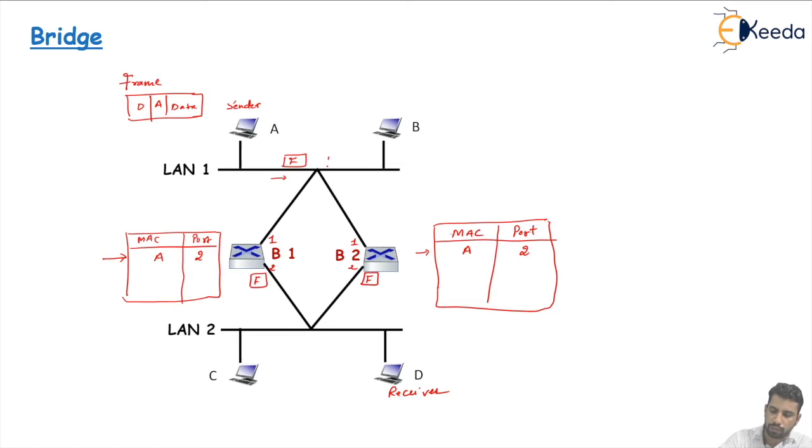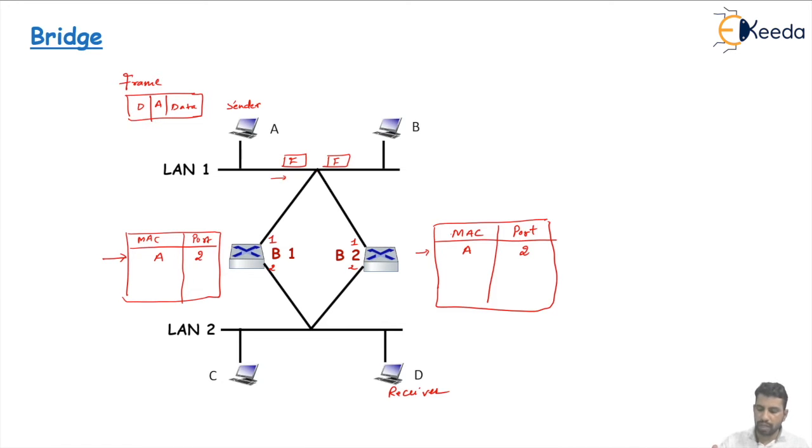The same frame is received from this side also. Again we have 2 copies of the frame in LAN number 1, and the tables of bridge number 1 and bridge number 2 are both updated, but still they have no information for the destination D.